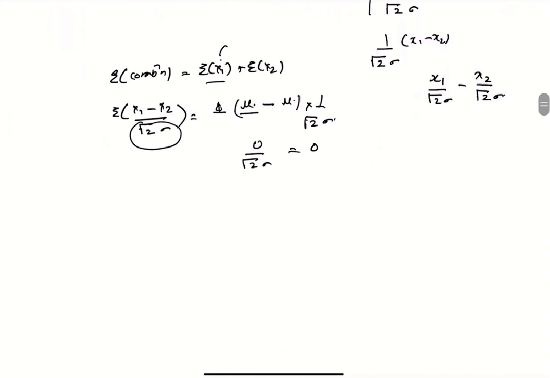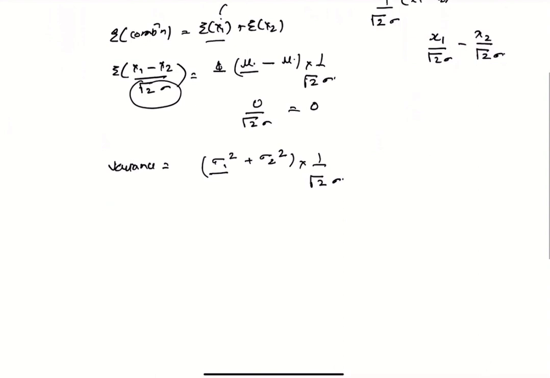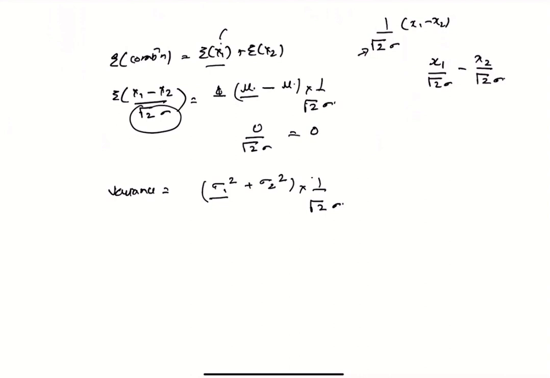And then what is the variance? Variance is supposed to be added irrespective of the sign. So all you have to do is sigma 1 square plus sigma 2 square, and it gets multiplied by the constant 1 upon root 2 sigma. When you are doing variance, the factor that you multiply becomes squared.